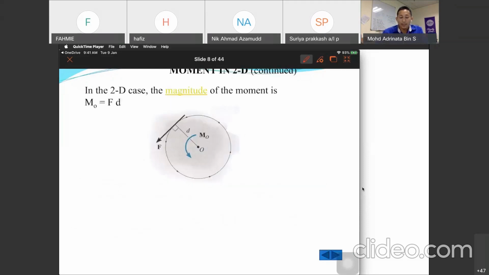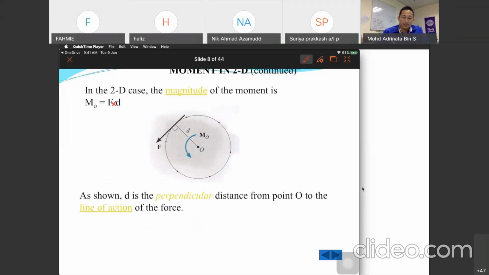See, in the 2D case, the magnitude of the moment is moment equals force times distance. As shown, d is the perpendicular distance from point O. This is the point of action to the line of action.